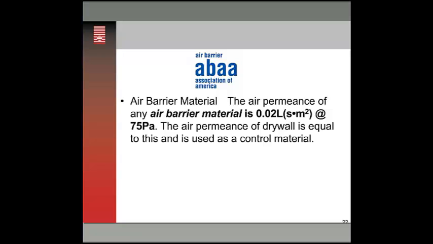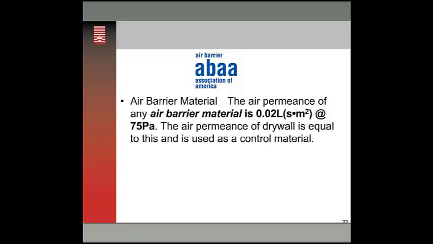What is an air barrier material? You can turn to the Air Barrier Association of America. Some people say ABAA, some people say ABAA. I'm going to go with ABAA. The Air Barrier Association of America defines an air barrier material as any material that has an air permeance of 0.02 liters per second per meter squared at 75 pascals of pressure.